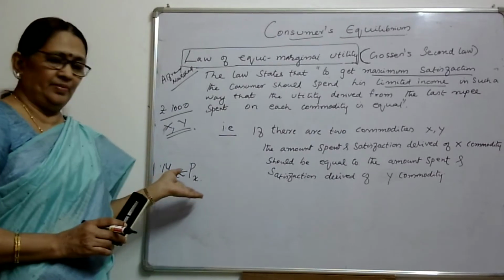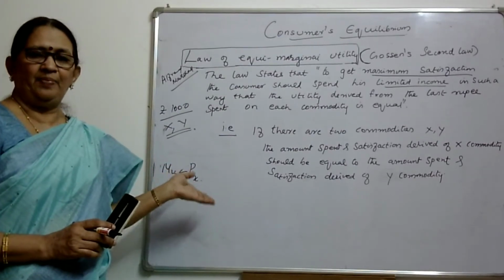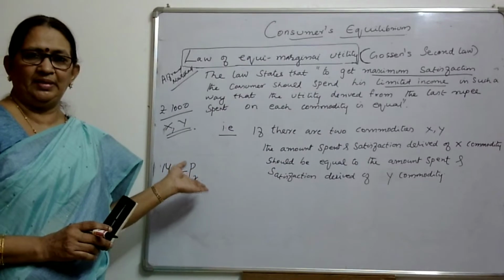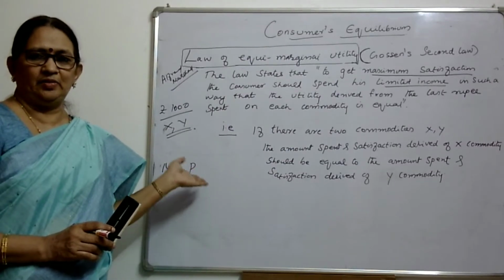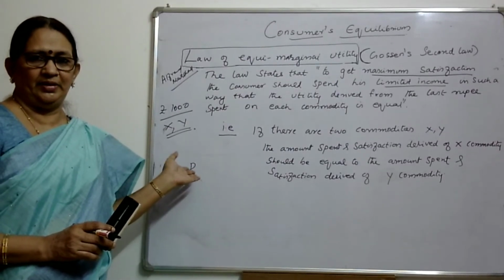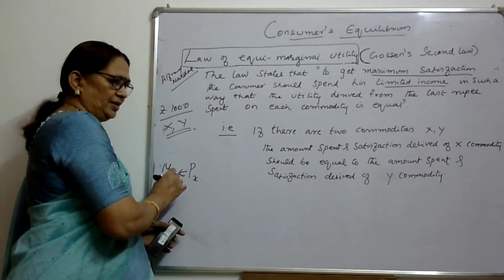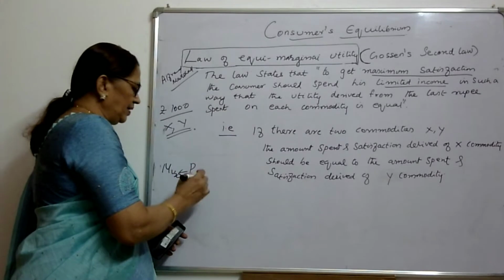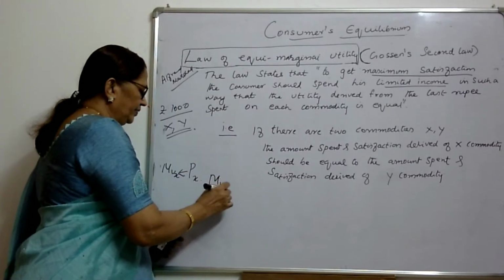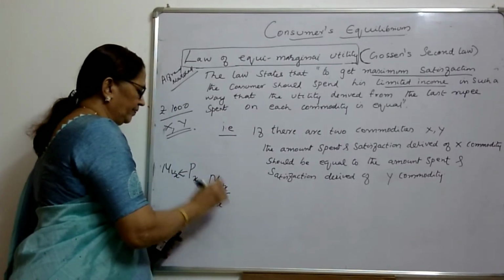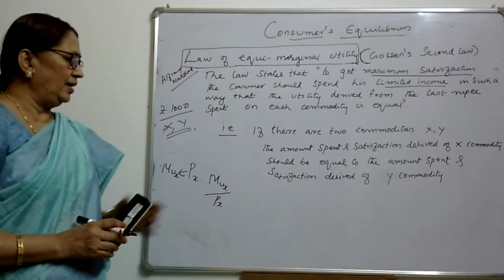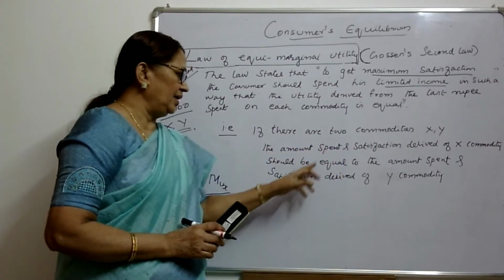So the consumer is consuming a unit of the commodity by paying that price. What is the satisfaction gained from that commodity? So the ratio between the marginal utility of the commodity and the price of the commodity is MUx by Px.